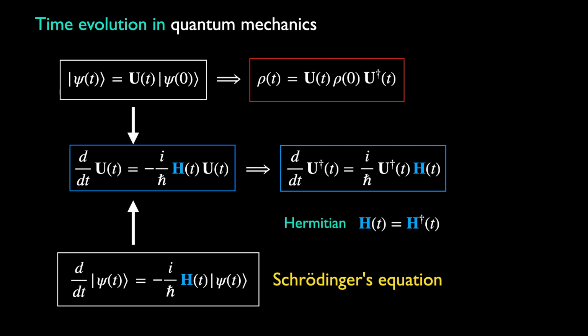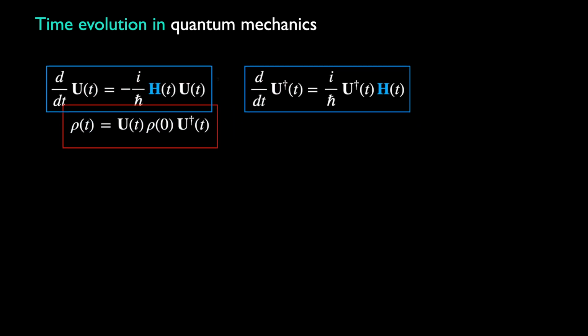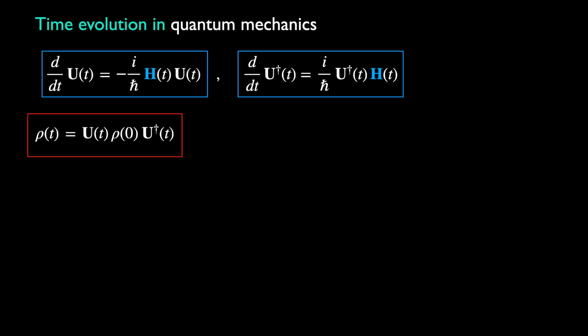Checking our notes again, we notice that these two derivatives are exactly the same as what we have calculated for the case where H is time independent, except now H depends on time. This is not too surprising, since the Schrodinger's equation is in the same form as previously. With these two derivatives, we can once again calculate the time derivative of the statistical operator.